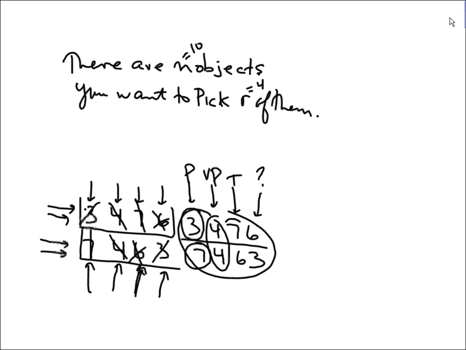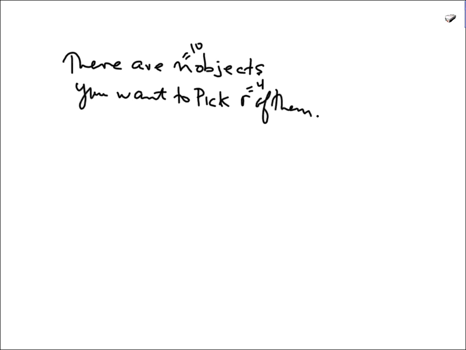But in the top one, the treasurer is person 7, while in the bottom, the treasurer is person 6. It's different when the order matters. What we're doing on the top, the order does not matter. Okay, you want to pick r of them. There are 10 objects, all the same.